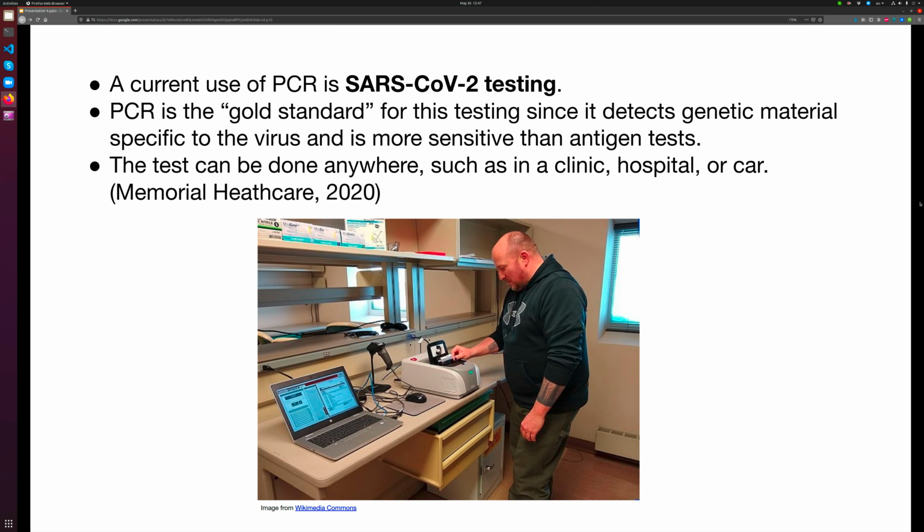But it's only around 40% when the person is asymptomatic, so when you get a negative antigen test, you will most likely need a PCR test for confirmation, just in case, to see that you really don't have the virus, especially if you're asymptomatic.